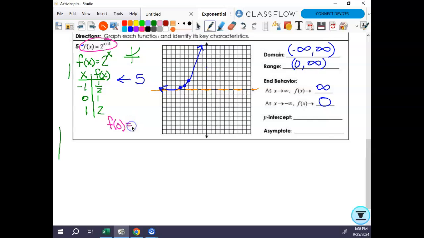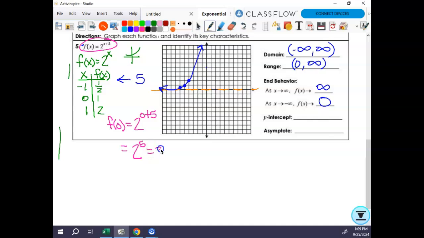F of 0 is going to be 2 to the 0 plus 5 power. What is 0 plus 5? 5, good. So it's 2 to the 5th, which we can do. And if I do 2 to the 5th, I count on my fingers to make sure I do them all. So 2 times 2 is 4, 8, 16. 16 times 2 is what? 32.